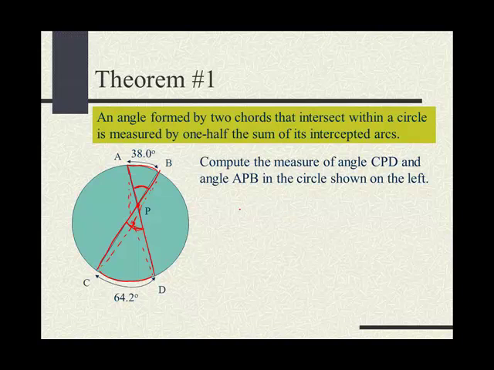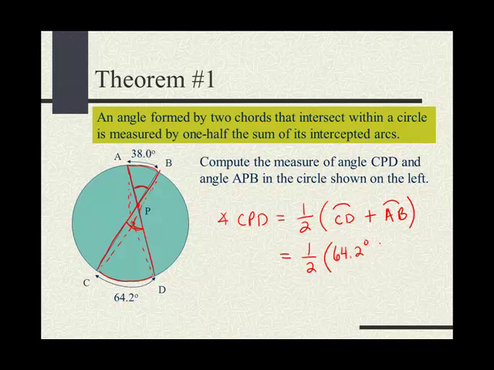And we're going to apply this theorem that says angle CPD is going to be equal to 1/2 the sum of the intercepted arcs. Well, the intercepted arcs are the arc CD and the arc AB. So since the measure of those arcs are already given, we can substitute that in our formula. The arc CD was 64.2 degrees. The arc AB was 38 degrees. So we simply add 64.2 to 38, and we get 102.2.